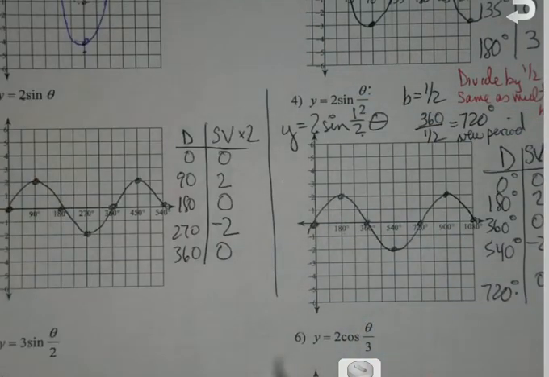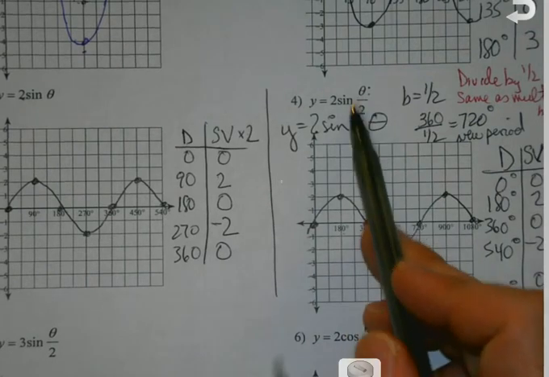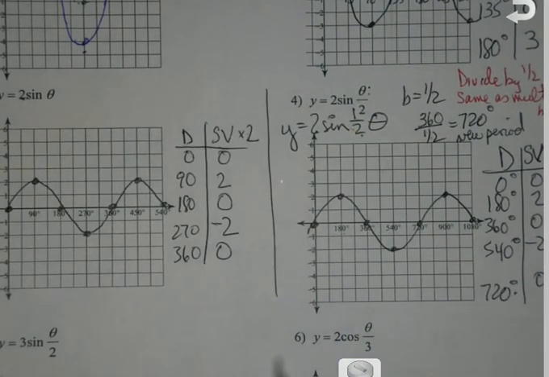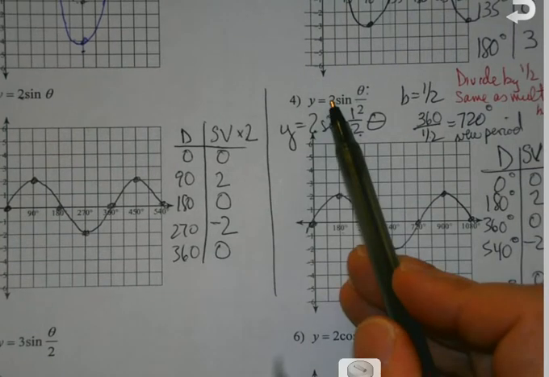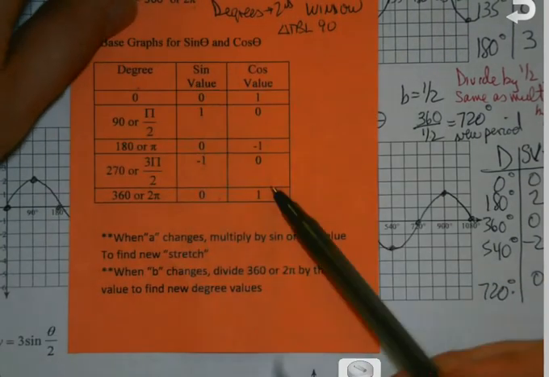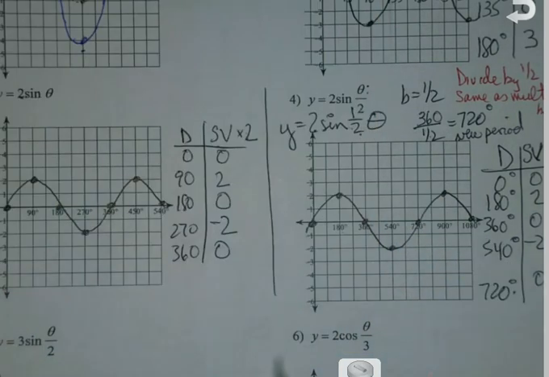But for simplicity, for our sakes, we kept the labels going that way to change things up a little bit. But again, it just comes back to knowing those two things. If there's a number in front of my theta, we divide by 360. That tells me my new period. If there's a number in front, we just multiply our values from our chart with those to make life a little bit simpler.